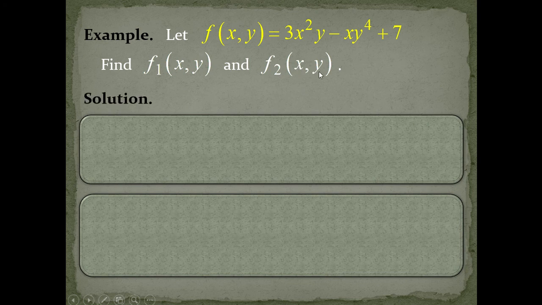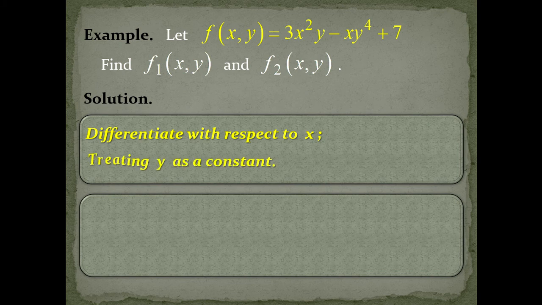Alright, so for our solutions, differentiate with respect to x. It means that we have to hold one of the variables, that is y in this case, as constant or fixed. So treating y as constant, and then just apply the same rules in differentiation, class. Therefore we have our answer here.